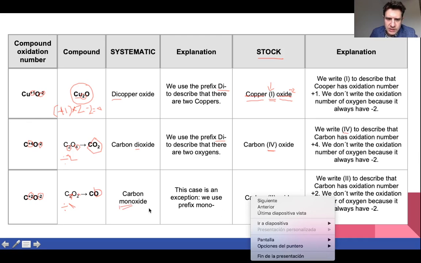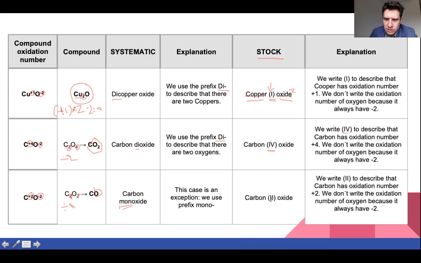How do we call this molecule in the stock nomenclature? We use the oxidation number of carbon here. We write plus 2, or II in Roman numbers, to let the scientist know that the carbon, in this case, when mixed with this oxygen, has oxidation number plus 2.